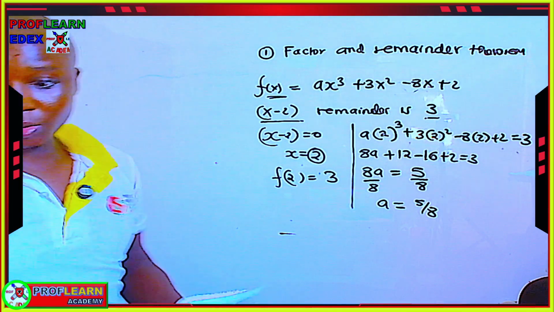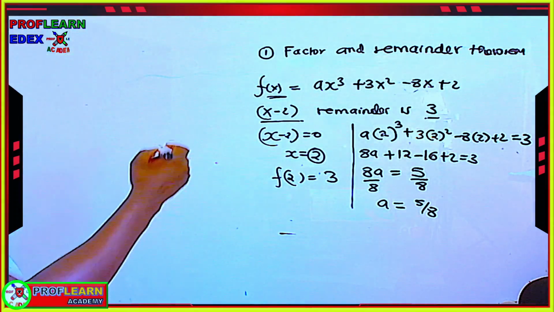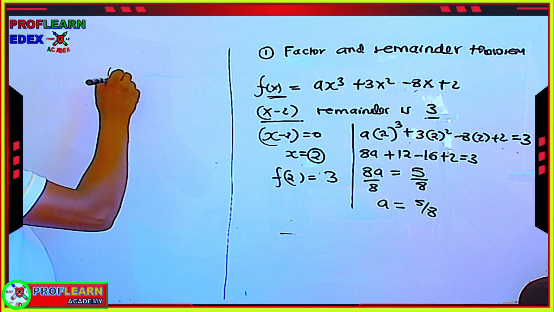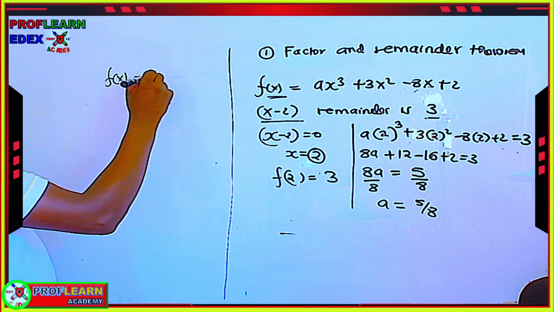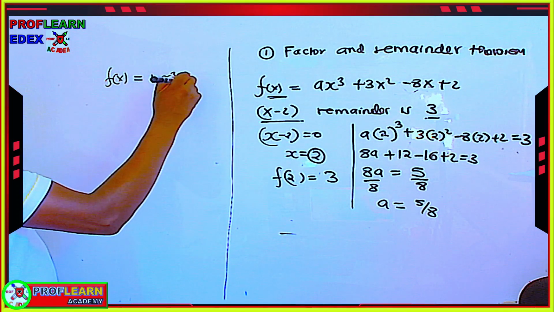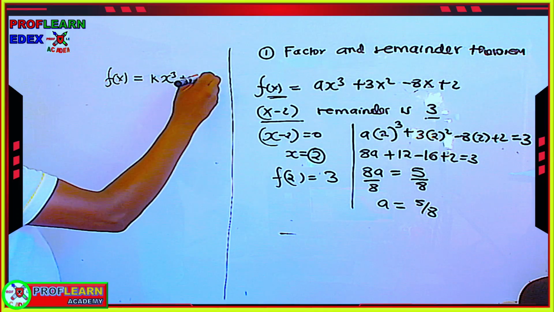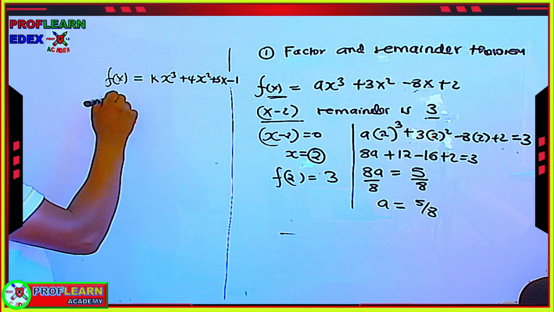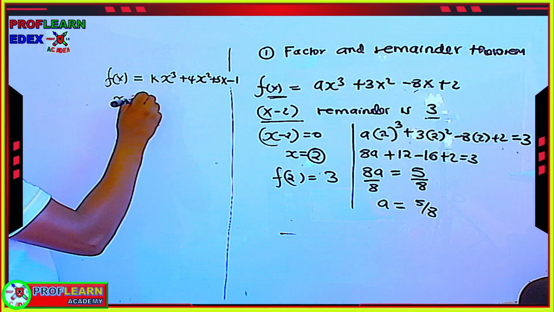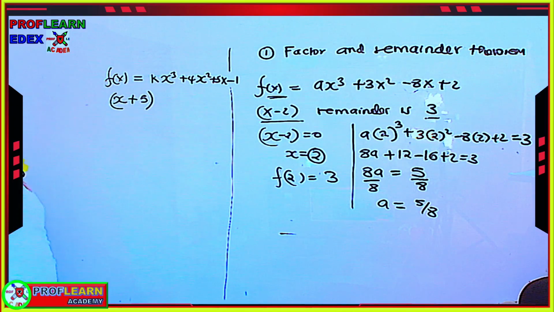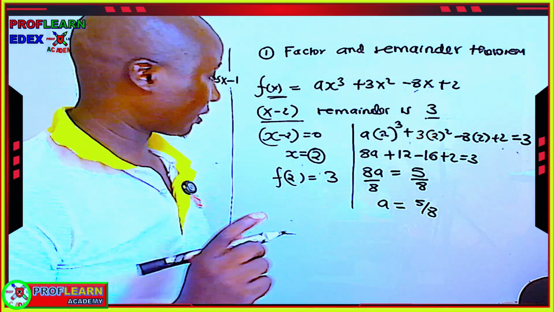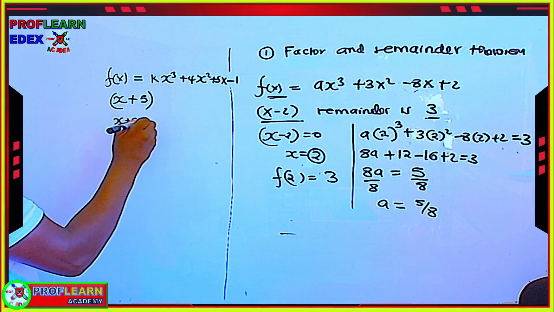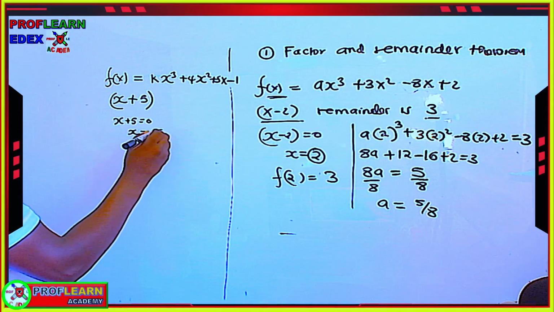So that's why I've mentioned that in the event they told you that it's a factor, if you are told that you have f of x is equals to kx cubed plus 4x squared plus 5x then minus 1, and you are told that x plus 5 is a factor to this, it means you are going to equate x plus 5 is equals to 0, then you say x is equals to minus 5.